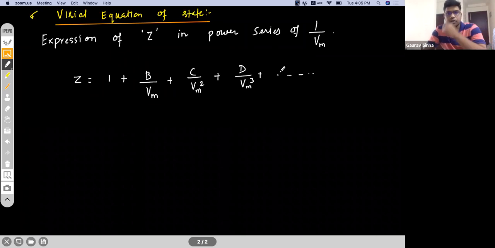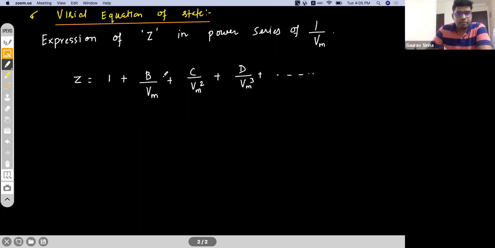We are going to find out a very important result from this equation. First of all, we try to understand what these B, C, and D are, and then we'll have a very important temperature relation. So B, C, D are constants, or we also call them coefficients.